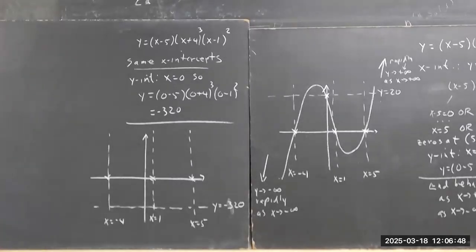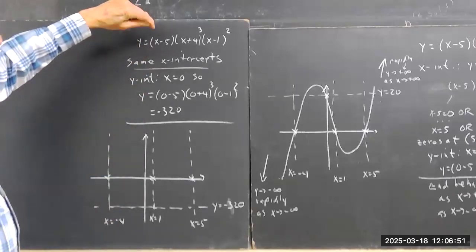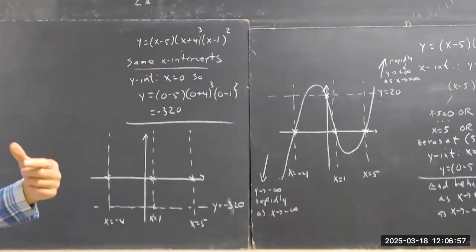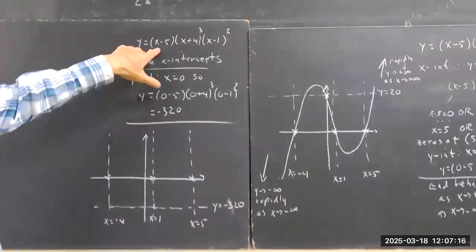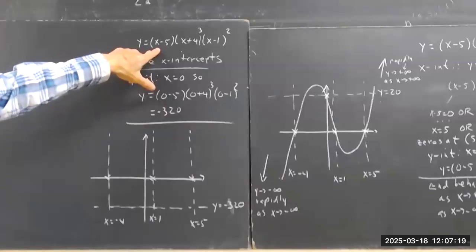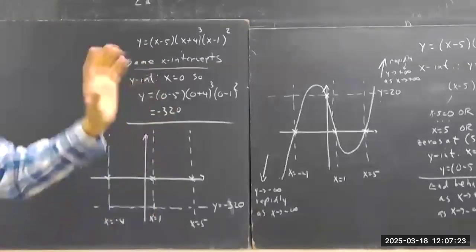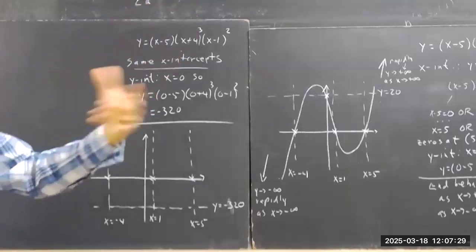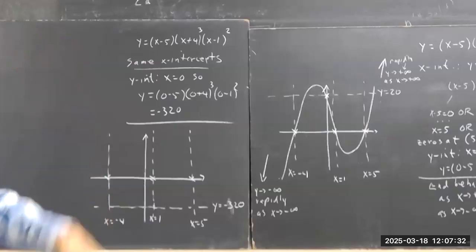Now the other thing you've got to be careful of is, if you wanted to graph y equals x minus 5, that isn't squared. y equals x minus 5 is linear. It would have a y-intercept of negative 5 and a slope of 1.